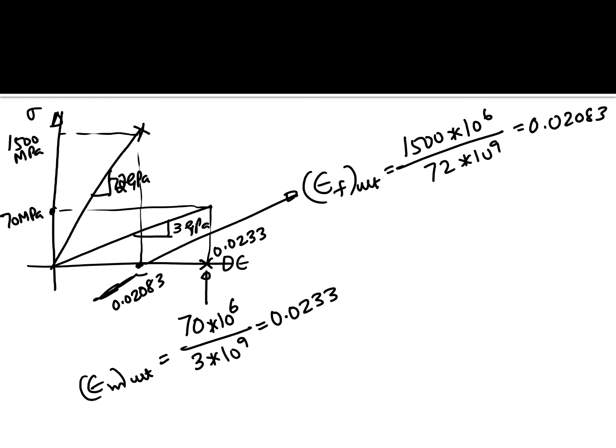So you're finding out that the ultimate strain of the matrix is higher than the ultimate strain of the fiber. Let's go and see how we can find out the ultimate strengths now.